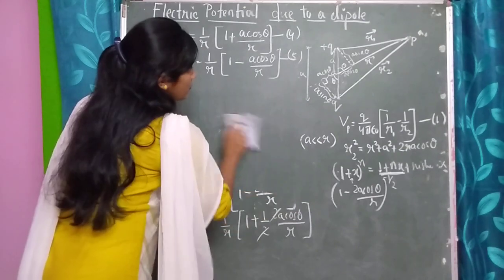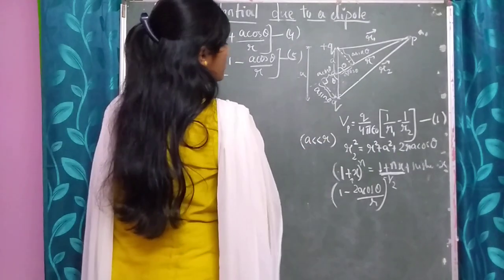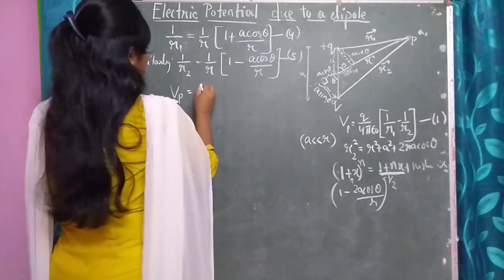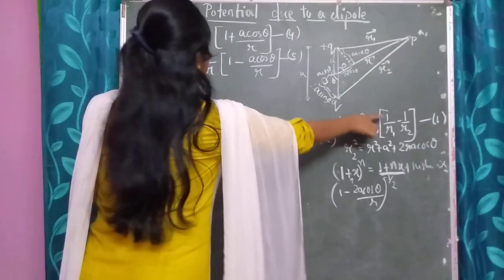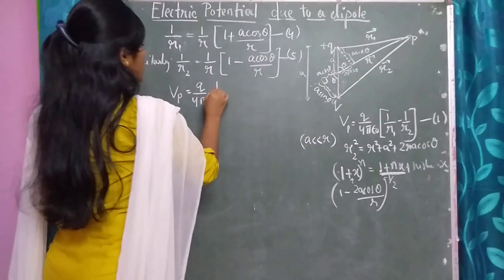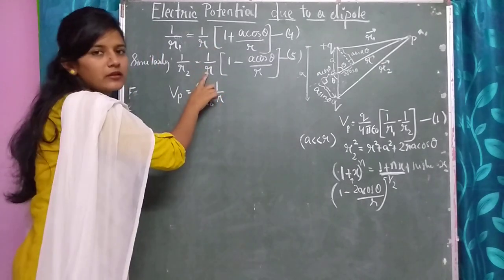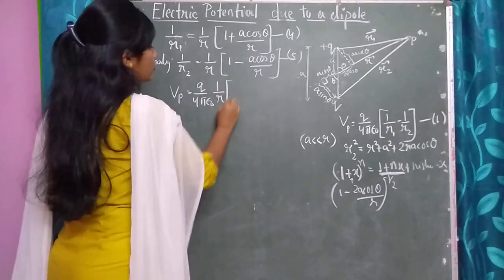Putting the values of 4 and 5 in equation 1, we have V at point P is Q by 4 pi epsilon naught times (1 by r1 minus 1 by r2). We can take 1 by R common.